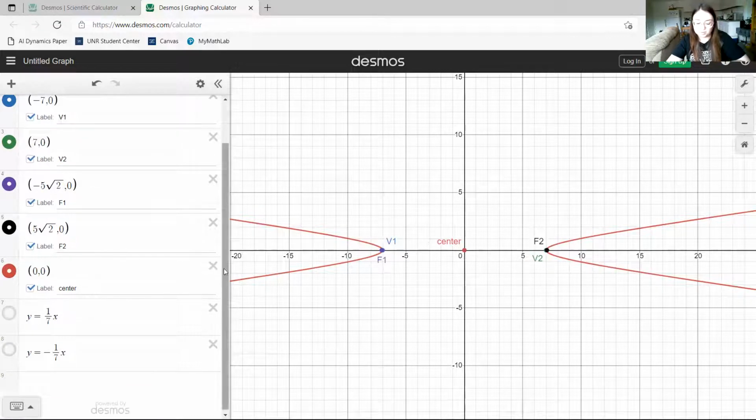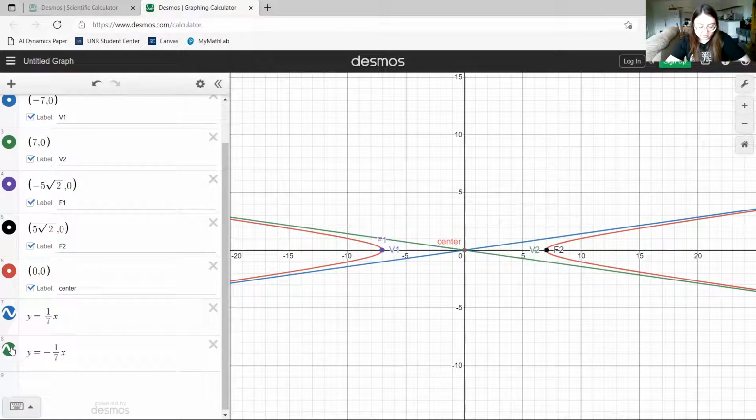And lastly, we just want to mark our asymptotes. So our asymptote y is equal to 1/7x. Put that on there. We see that our branches follow along very nicely with our asymptotes, not touching, but following along infinitely. And the same thing with our asymptote of y is equal to -1/7 times x.